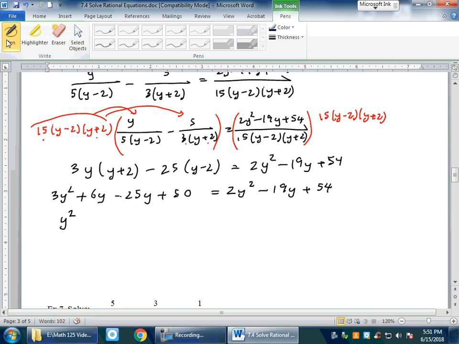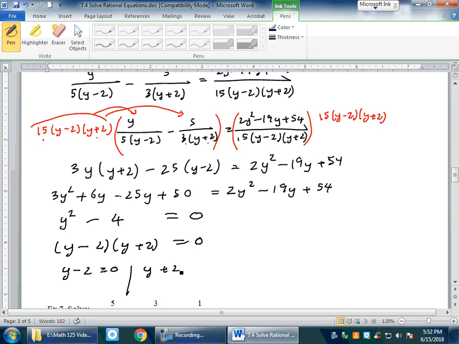And then subtracting 54 on both sides, that becomes negative 4. So now when I factor, it will be y minus 2 times y plus 2 equal to 0. Using the zero factor property, y minus 2 is equal to 0, y plus 2 is equal to 0. So therefore y is equal to 2 and y is equal to negative 2.